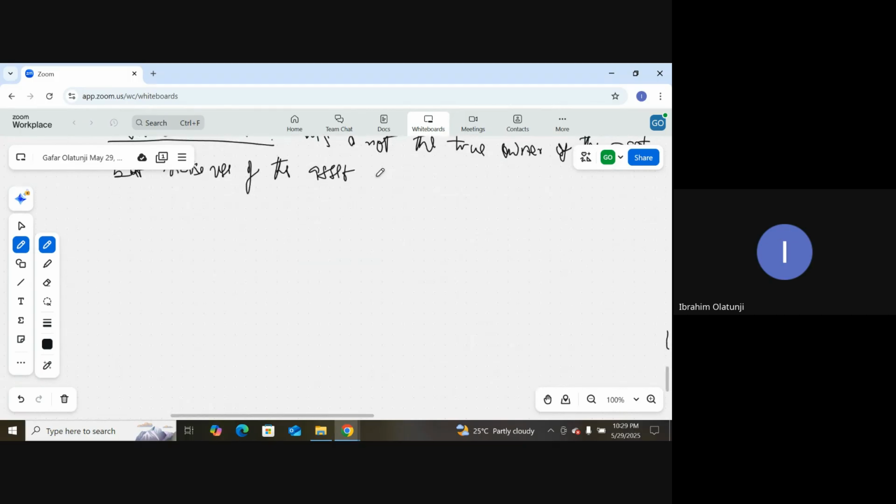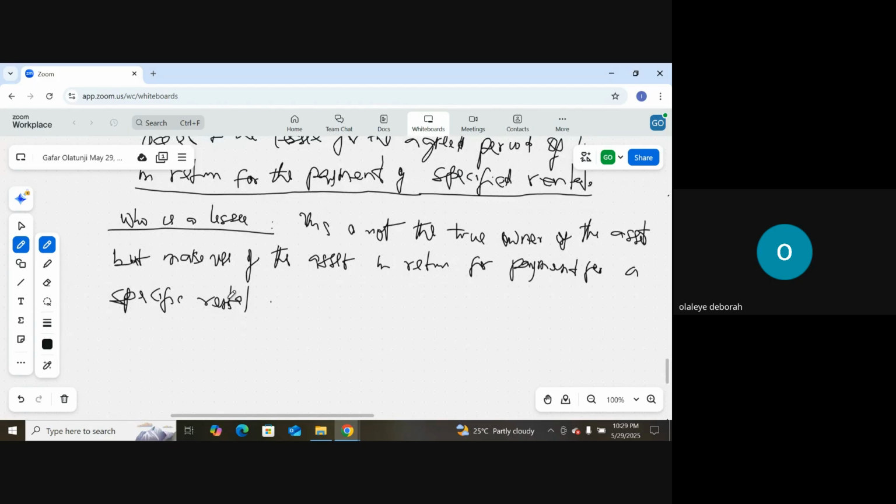Are you getting it? In return for payment for a specific rental.